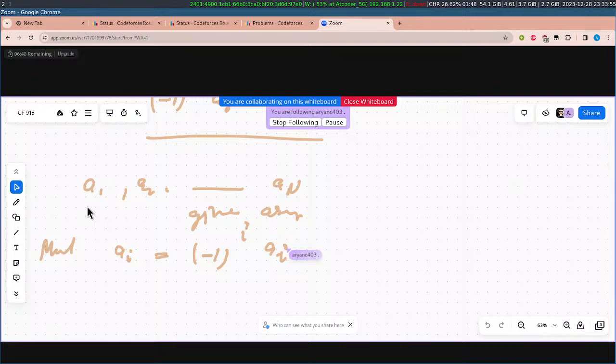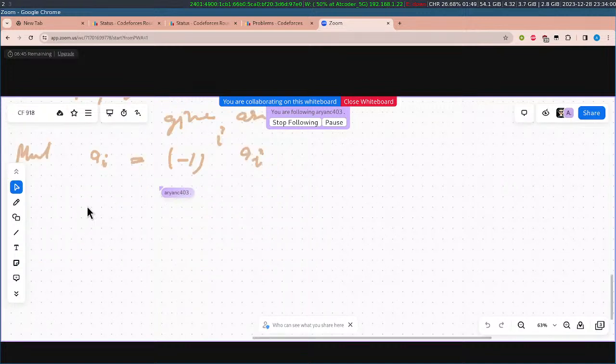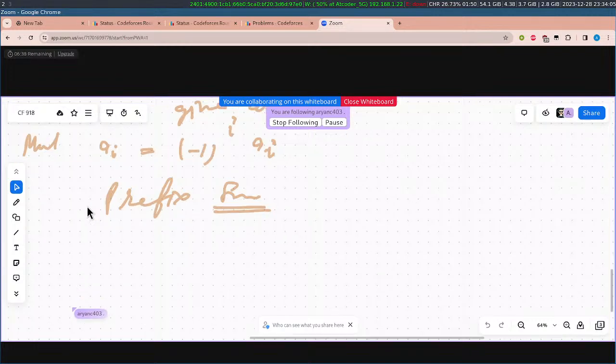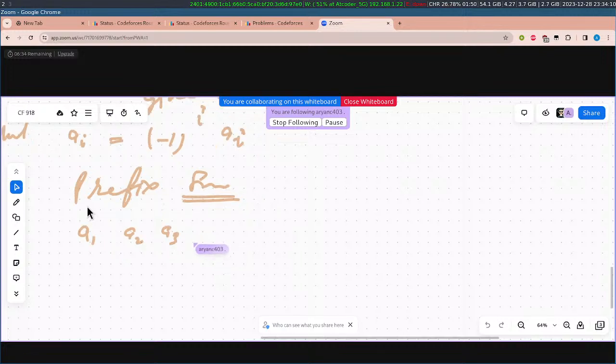And the idea to do it would be using prefix sums. For example, if we create a new array, let's call it B1, B2.